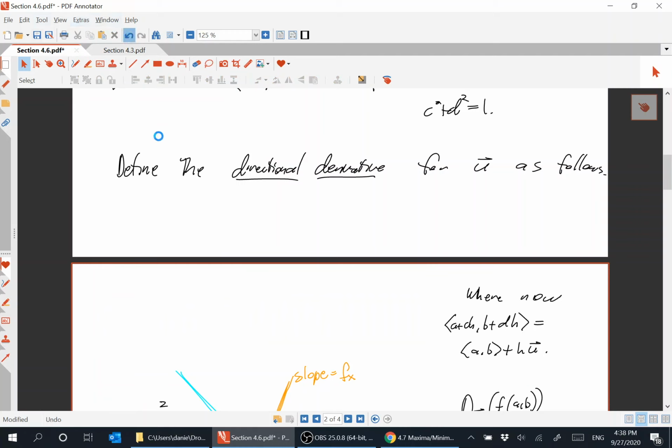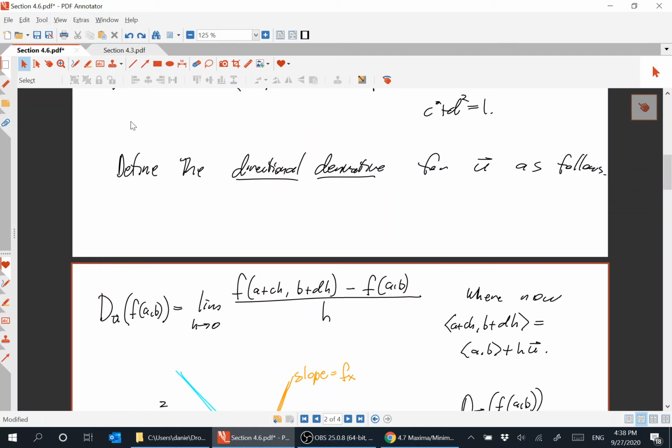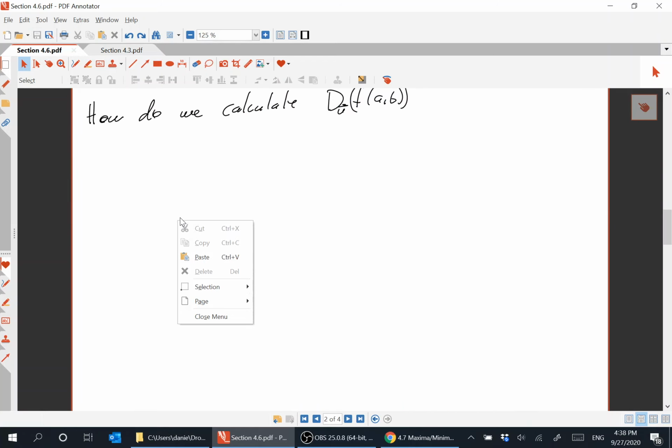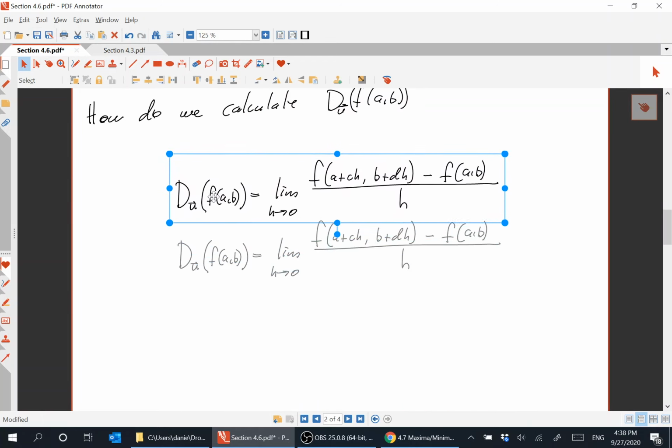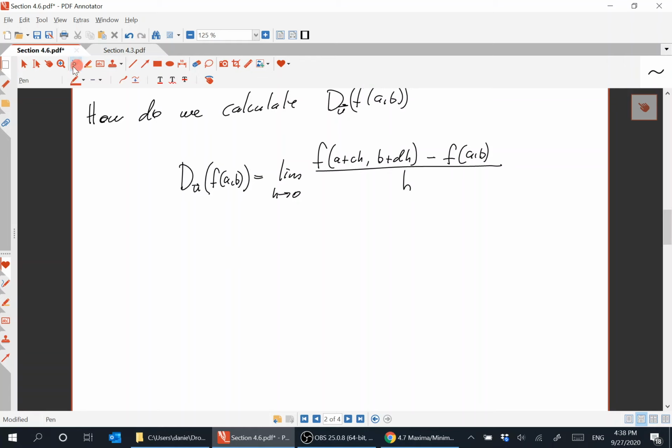So notice, since a and b are constants, (a, b) is a constant point.